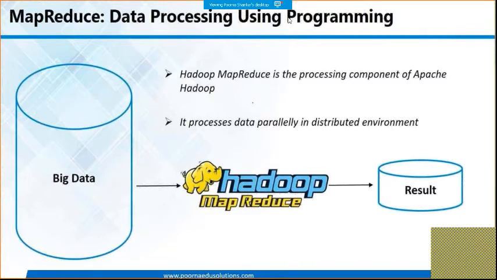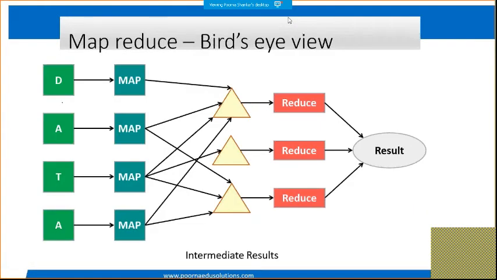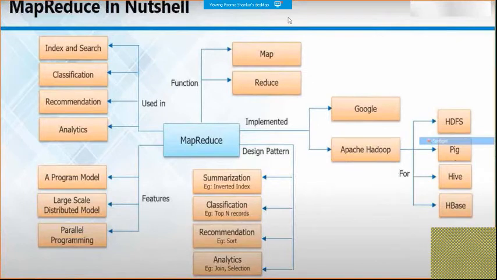Hadoop uses a technology called MapReduce for processing the data. First, it will map the data in different locations. Then it will reduce it, and finally it will give you the results. So, in a nutshell, it is doing all operations like indexing, classification, analytics, modeling, programming.